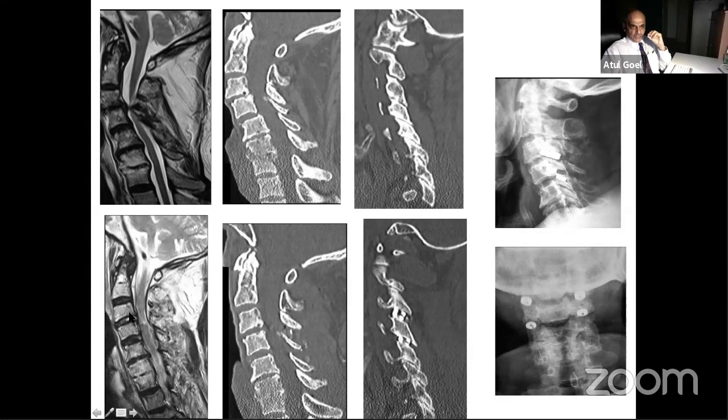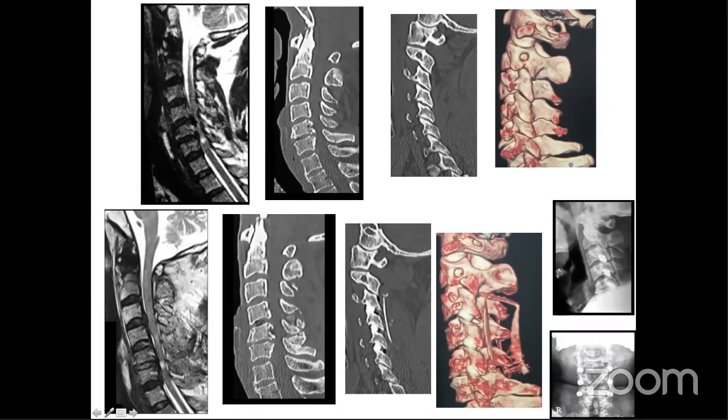And you see there is a new disc formation, and the posterior osteophyte has disappeared. The ligamentum flavum has disappeared, and there is no bone decompression, no anterior surgery, and you are seeing a new disc. Ultimately, because we have fused, it will result in arthrodesis of the spinal segment.